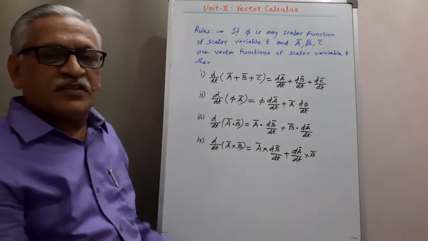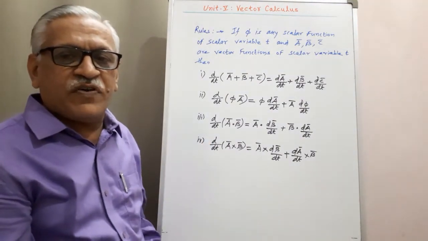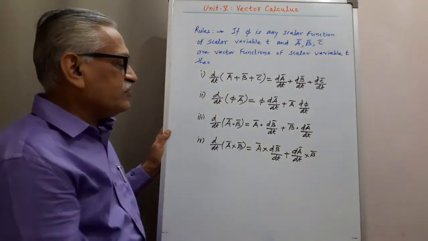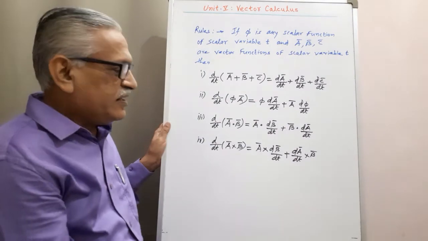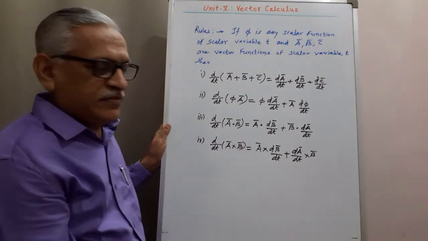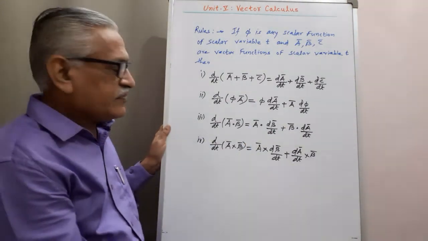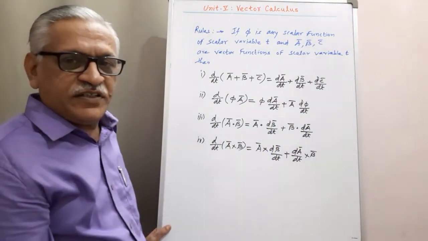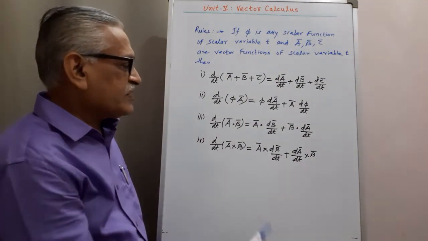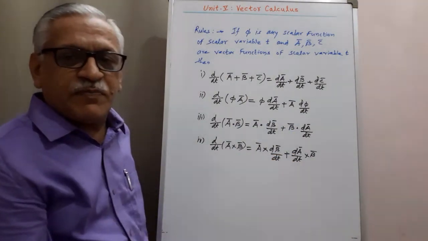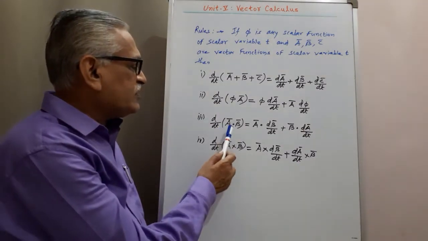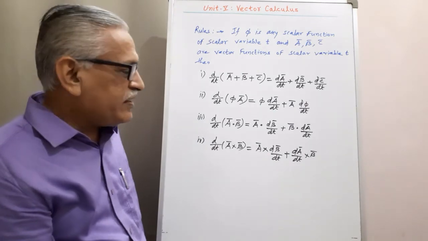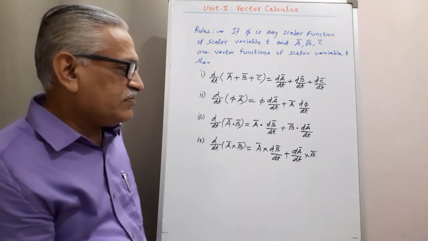Next, third rule, the derivative of the dot product of two vectors, vector A dot product with vector B. Its derivative with respect to the scalar variable t is obtained by first function A bar dot product with the derivative of the second function with respect to t, dB by dt, plus second function B bar dot product with the derivative of first with respect to t, that is dA bar by dt.